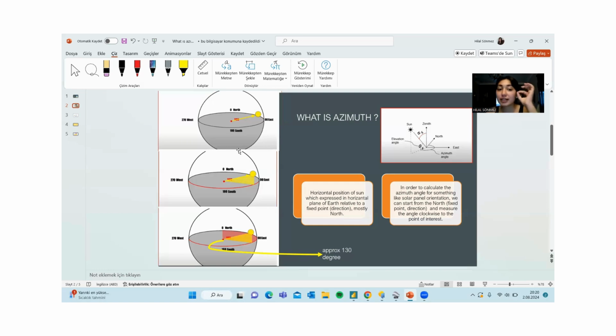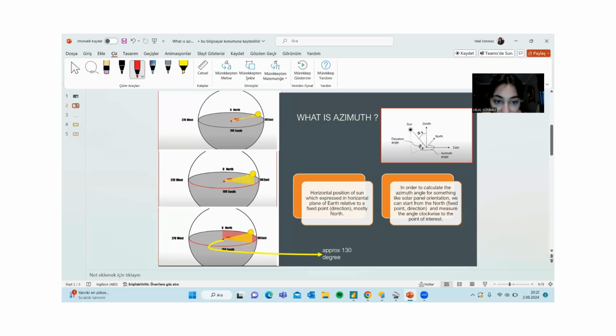In order to calculate the azimuth, first we should find the point where our sun is expressed in the horizontal plane, which is to draw a perpendicular line from the sun to this flat surface.